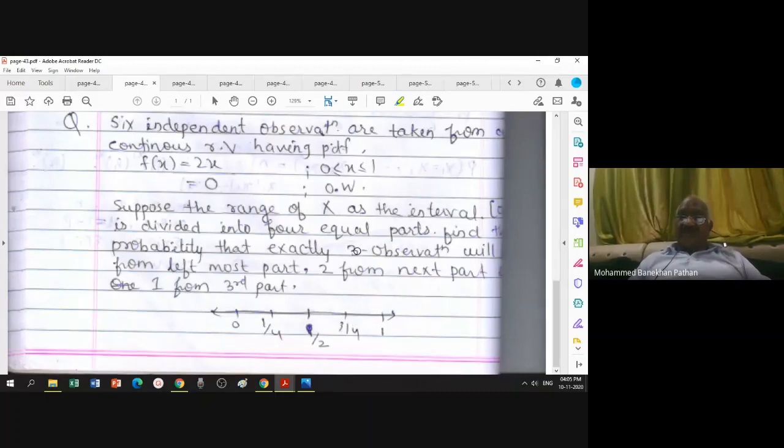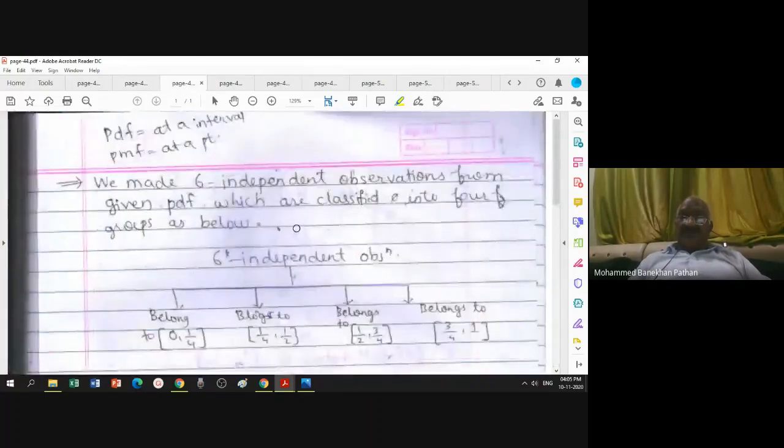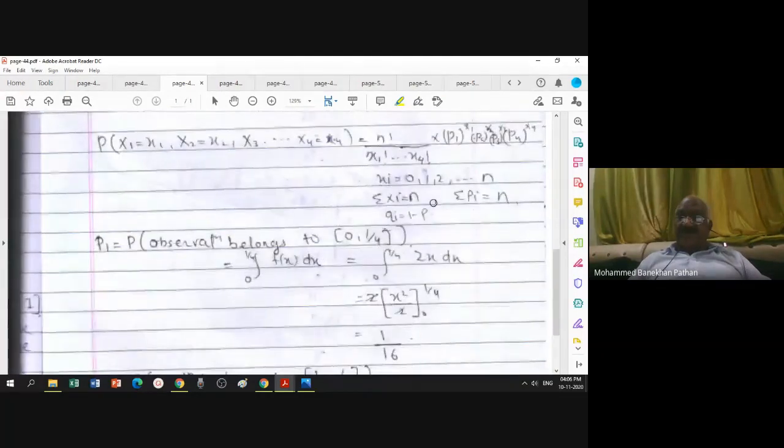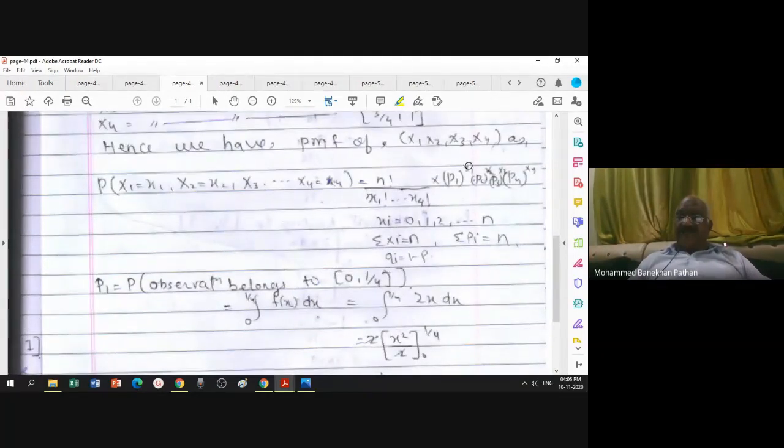So put x1 is 3, x2 is 2, x3 is 1, and x4 is 0 in the multinomial distribution function. Your answer for the probability that x1 equals 3, x2 equals 2, x3 equals 1, x4 equals 0 is 6 factorial over 3 factorial, 2 factorial, 1 factorial, 0 factorial, times P1, 1 by 16, raised to 3.